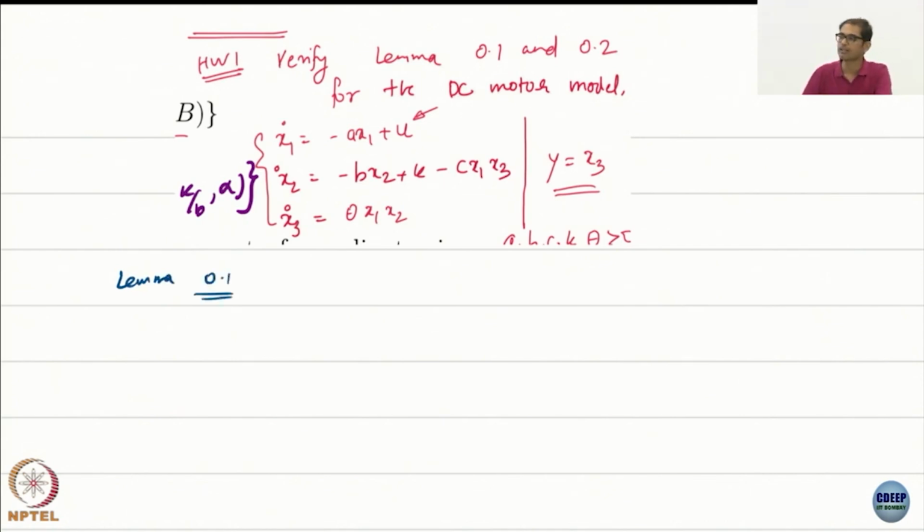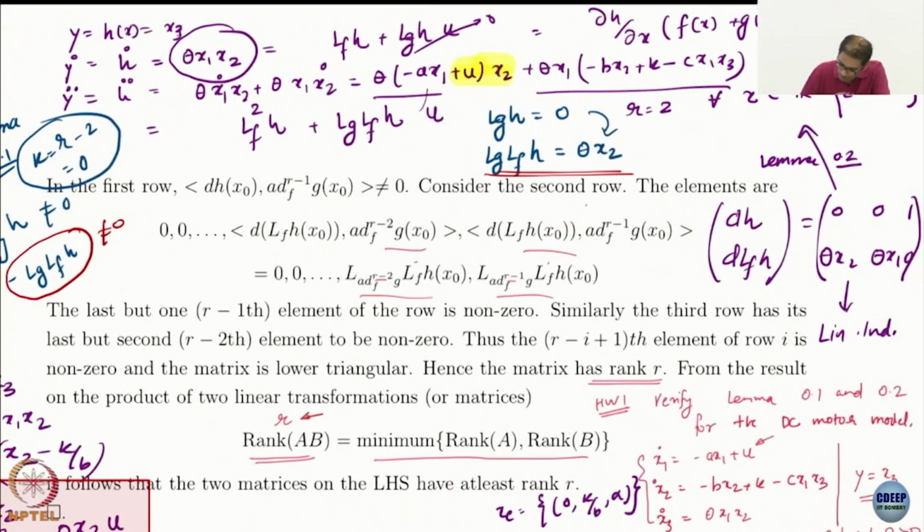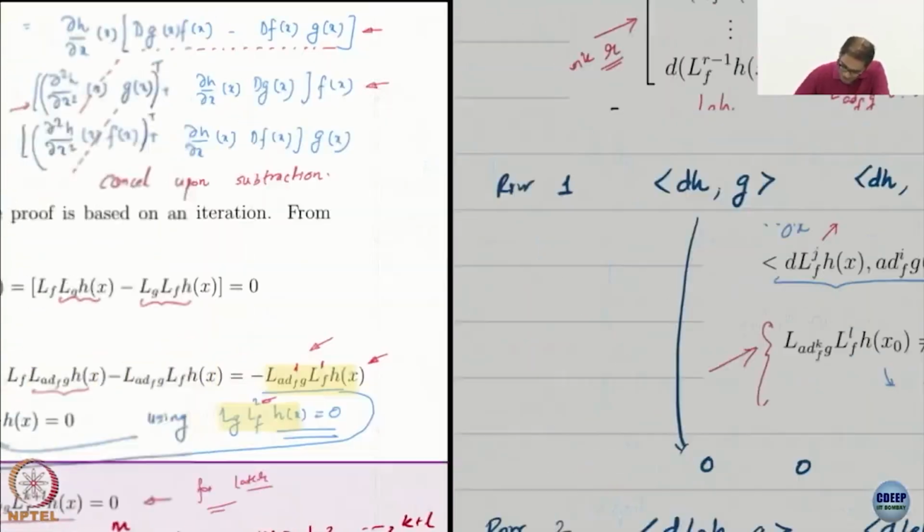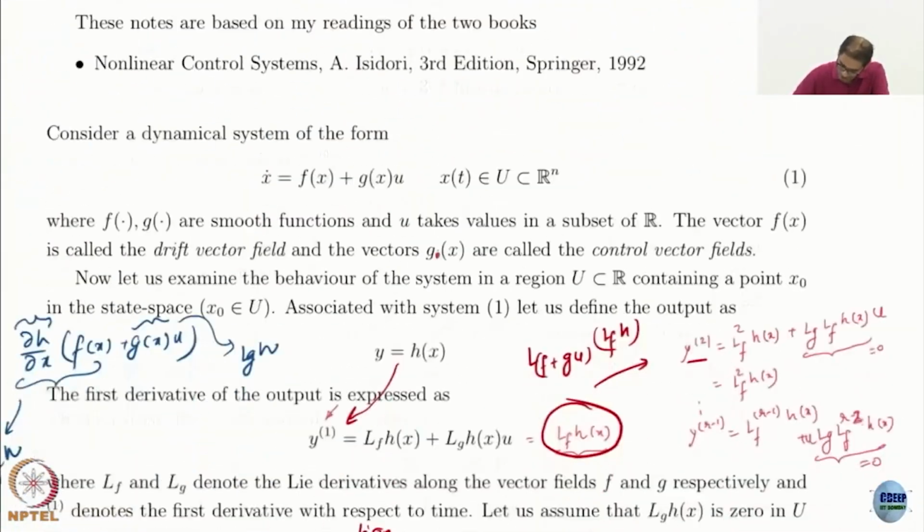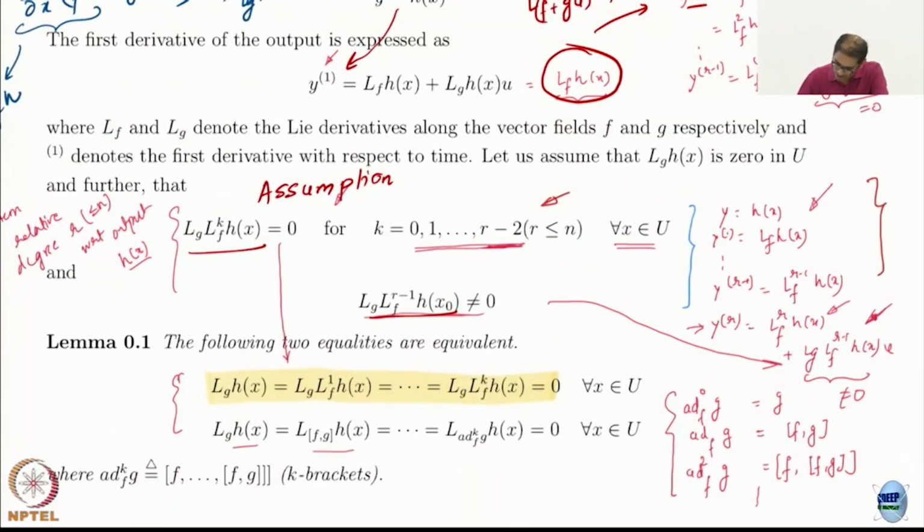We are just verifying that if you are given that LgH equals LgLfH all the way to LgLf^(r-2)H is 0, then you can basically claim that all the L_ad_f^k g H are also 0.